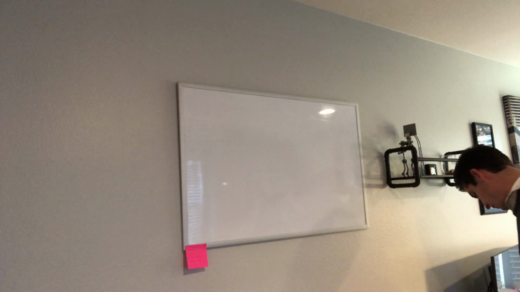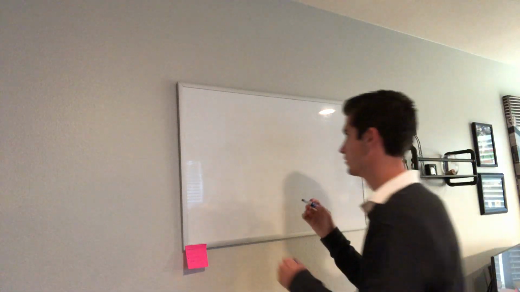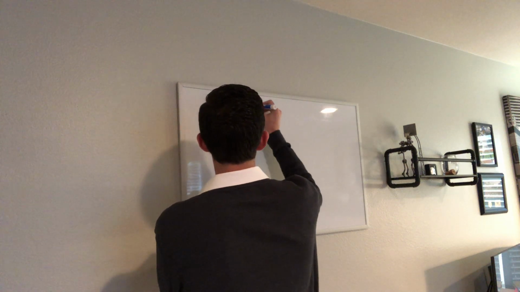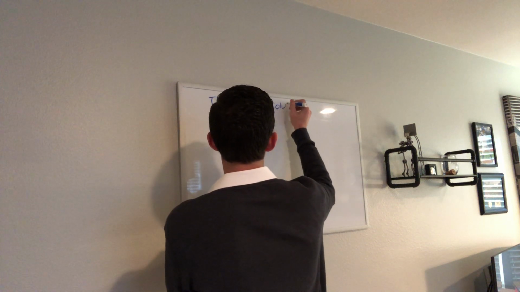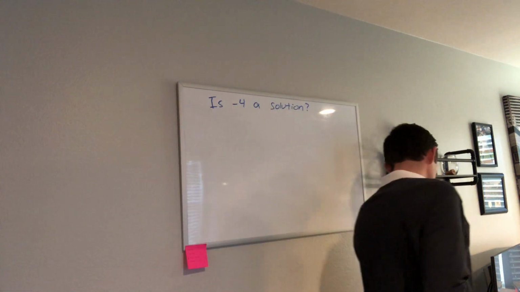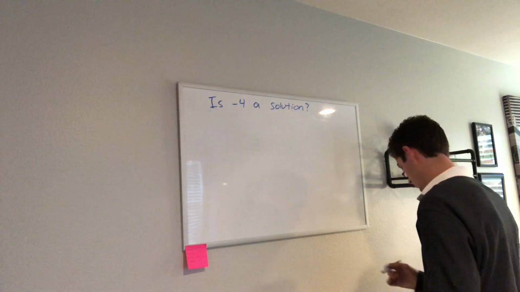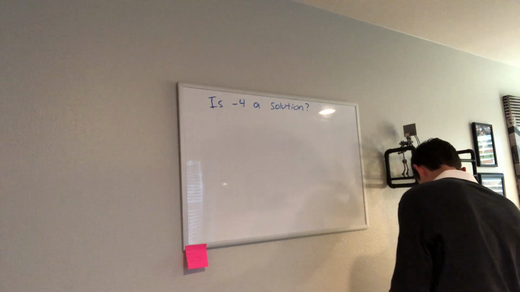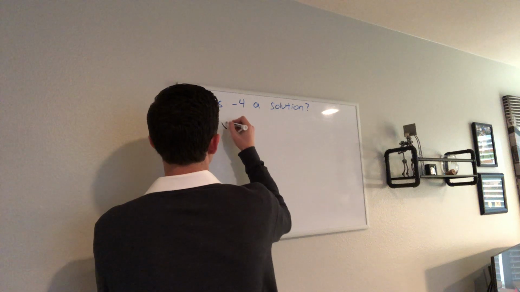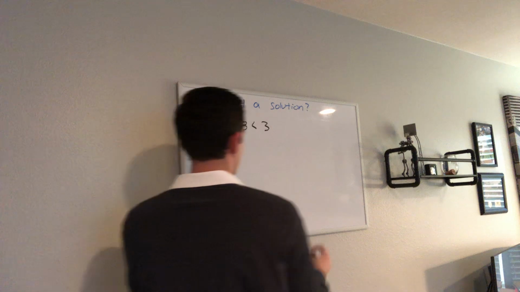So, example 3. We just want to know, is -4 a solution? So I'm going to give us 2 inequalities. We have a, x plus 8 is less than 3.